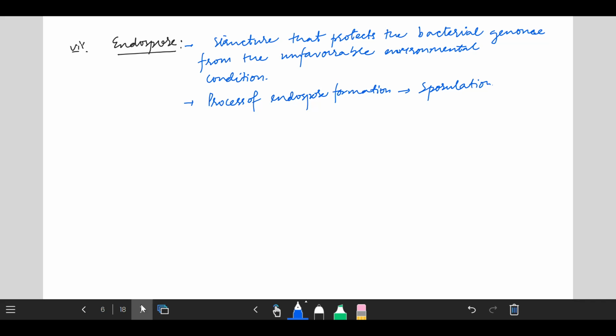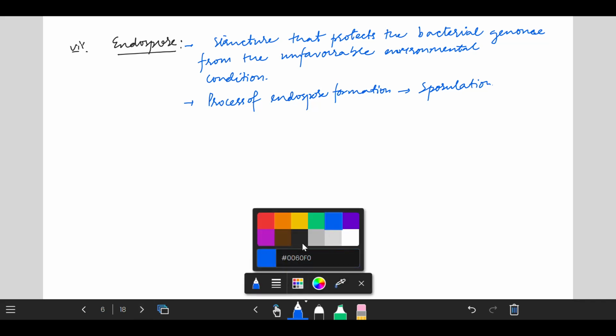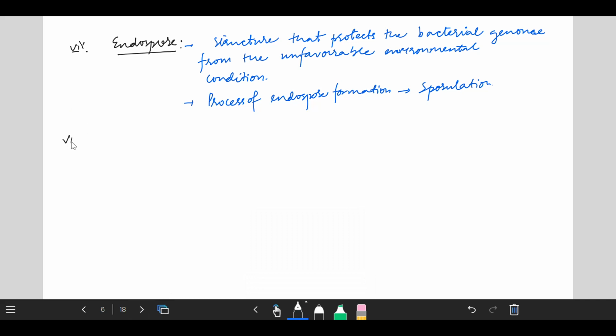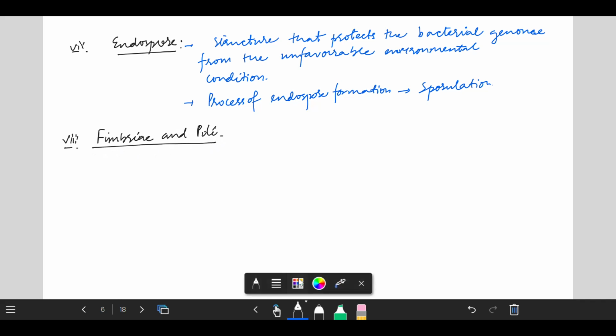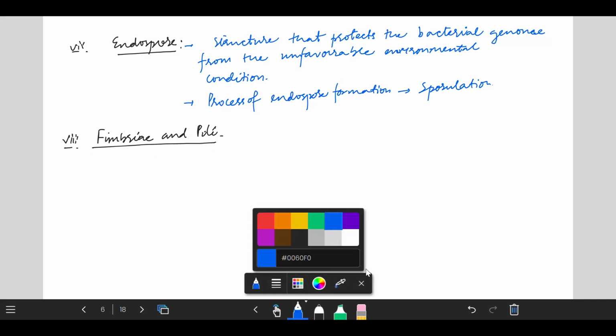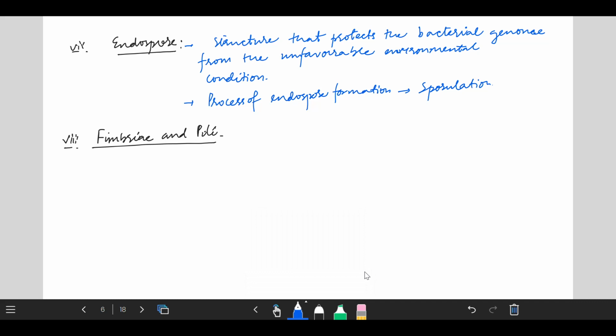Now the eighth part is fimbriae and pili. Bacterial cells have protein appendages embedded within the cell envelope that extend outward, allowing interaction with the environment.